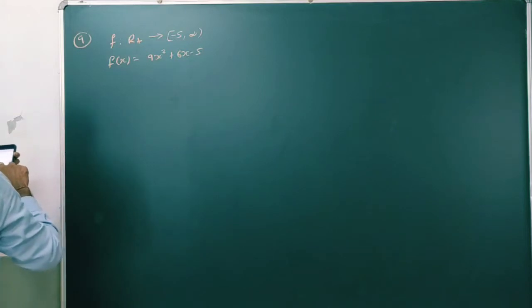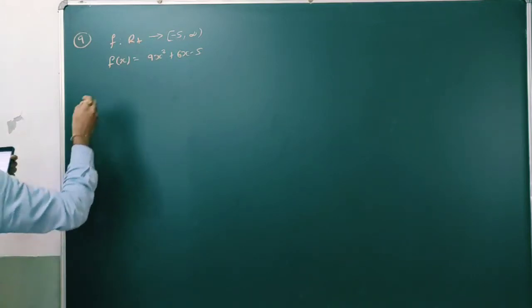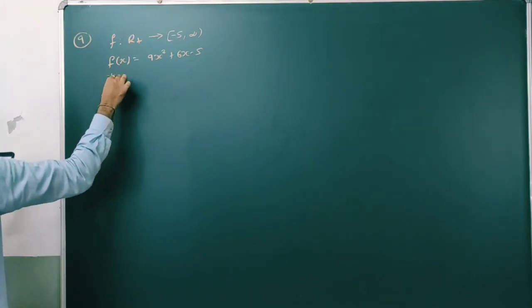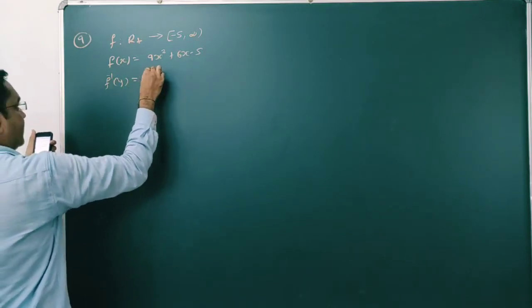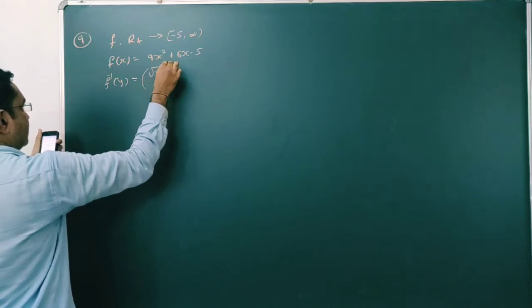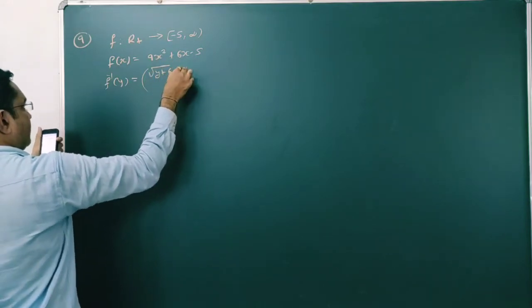We have to prove this function is invertible and the inverse of this function is, the answer is given, which we have to derive: square root of y plus 6, minus 1, upon 3. Done.